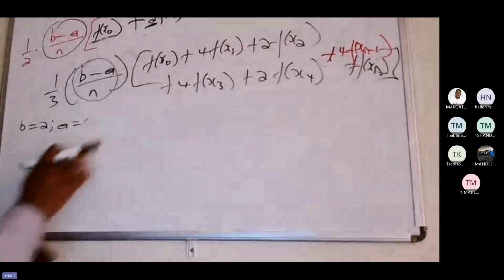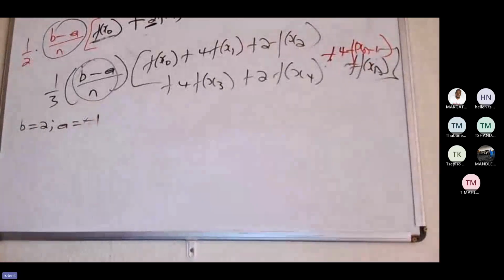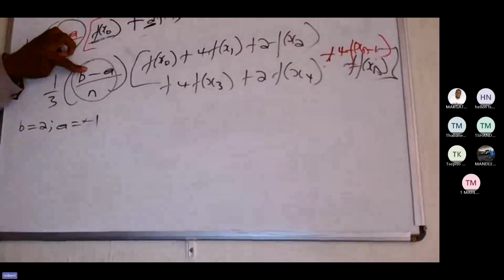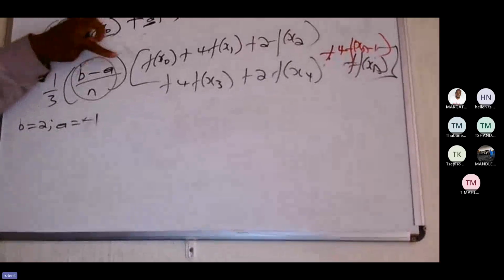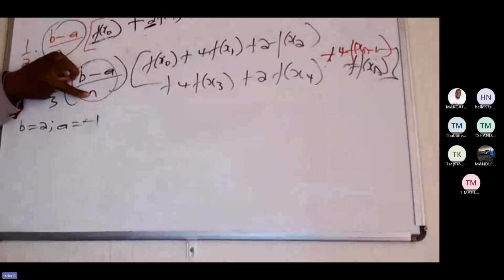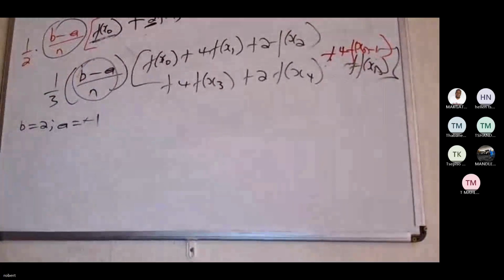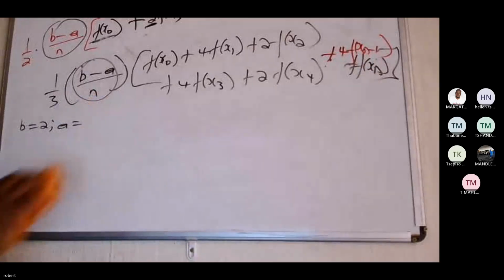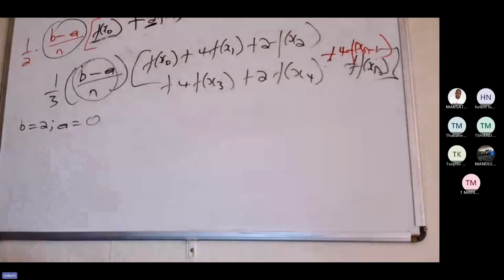It can be -1. Then you must come here and say B minus -1 over N. I'm just saying this so that we can do the same problem using these 3 different methods.